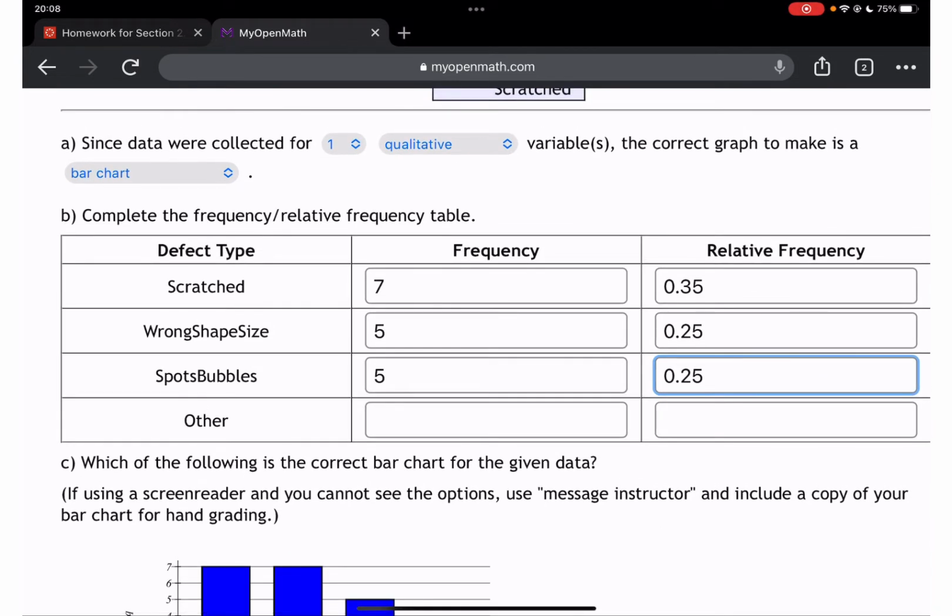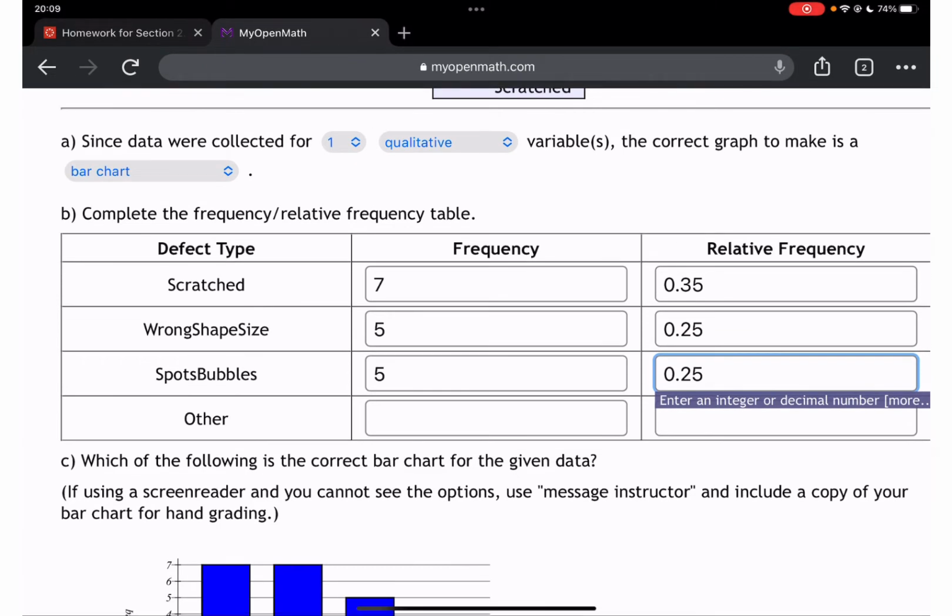I can either figure it out by 20 total minus 7 minus 5 minus 5, or relative frequency, which is like a portion from the whole. Whole is 1. So if I subtract from 1, 0.35, 0.25, 0.25, I will have the relative frequency, and frequency as a matter of fact.